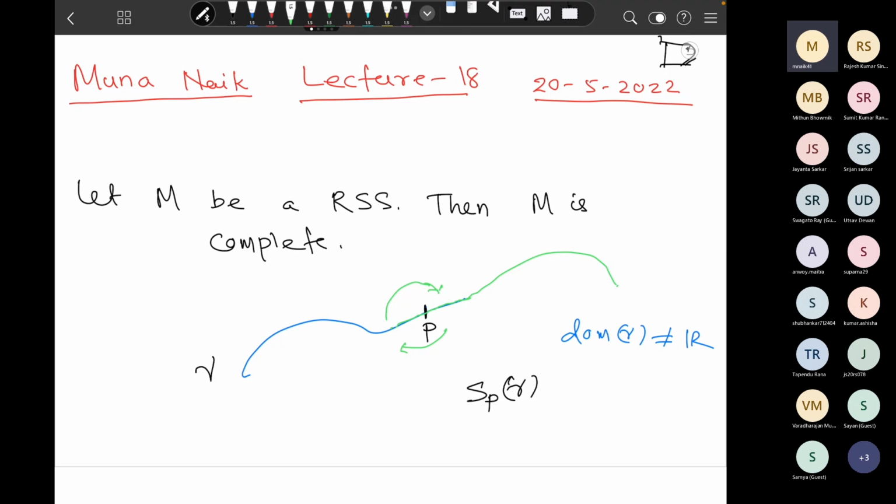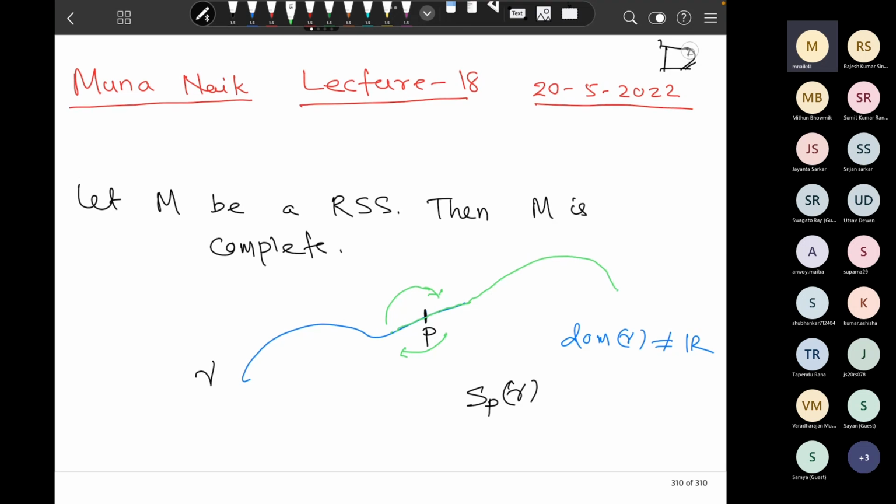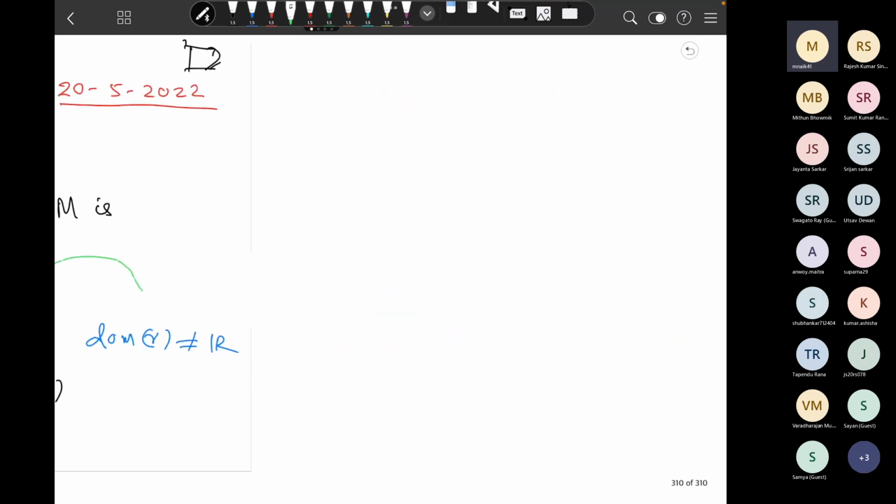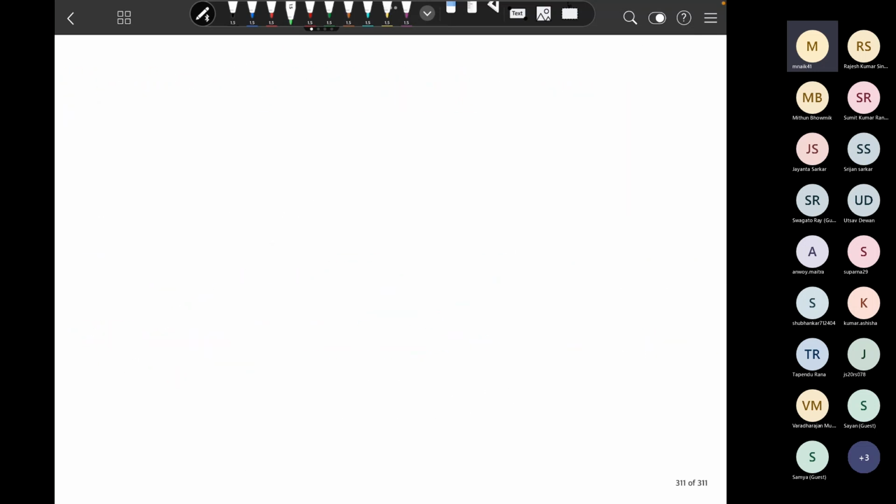Today we are going to see some examples of Riemannian symmetric spaces. Before that, we need to prove a simple proposition. Let us prove that, and that proposition will be useful for us later. Proposition.